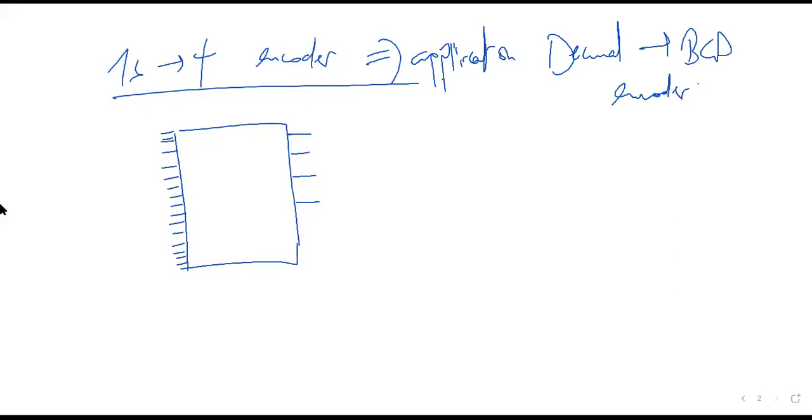All right, so what do we have in the inputs? We have 16 inputs according to our 2 to the power of n. It means we have 4 outputs.